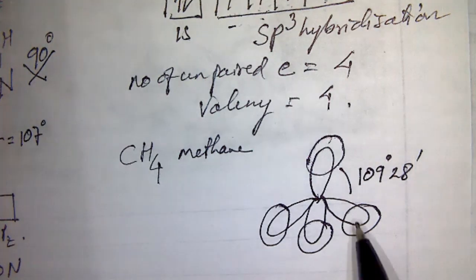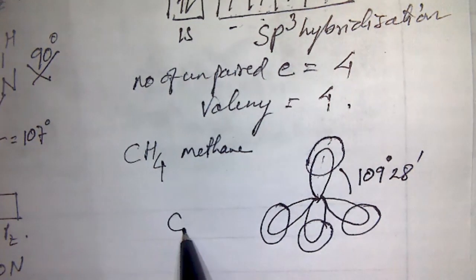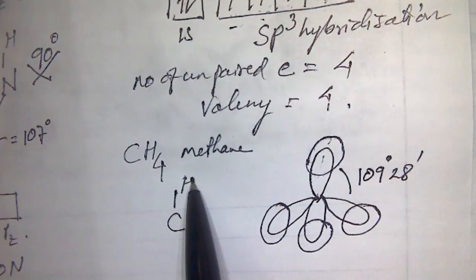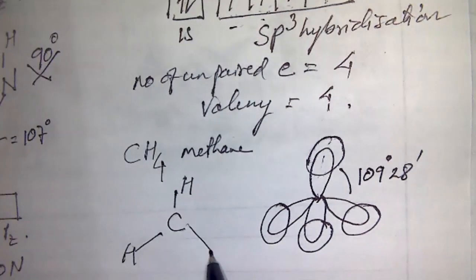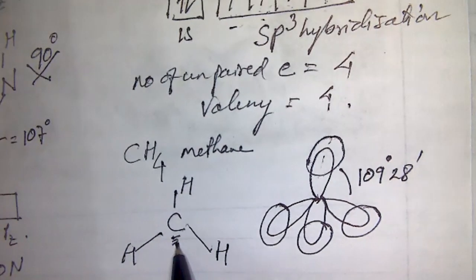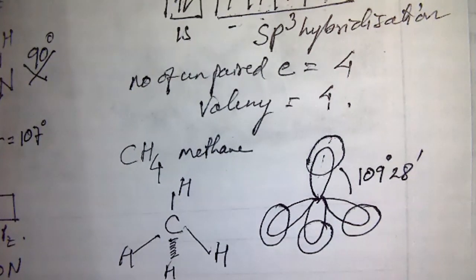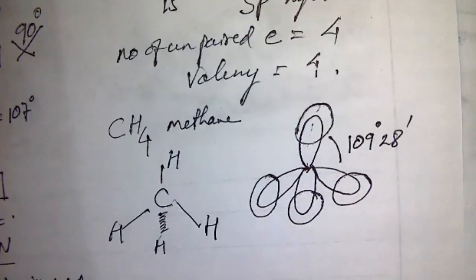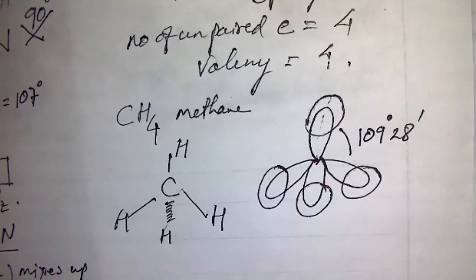Clear? So if you talk about methane, these are the different bonds. So methane, when I draw the exact structure, it will be like this. This and this, suppose they are coming in front, then one of them is going at the back. This one we cannot see because it is going backwards. So it will be covered with the carbon itself. Understood? So this will give you the tetrahedral structure.